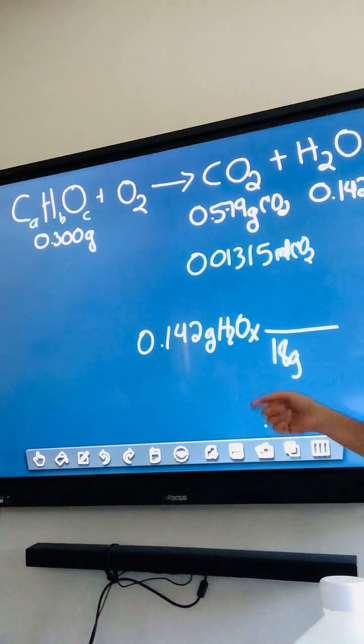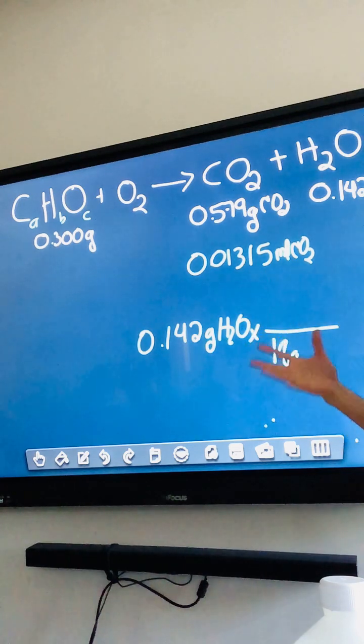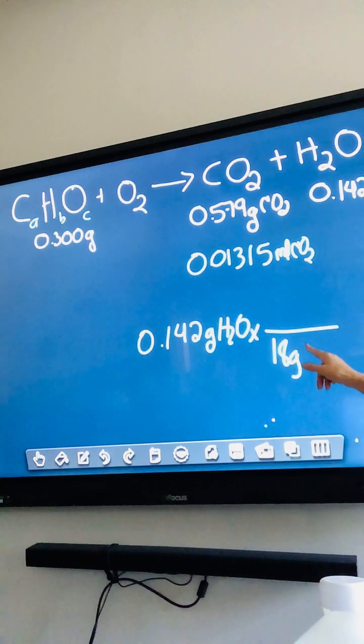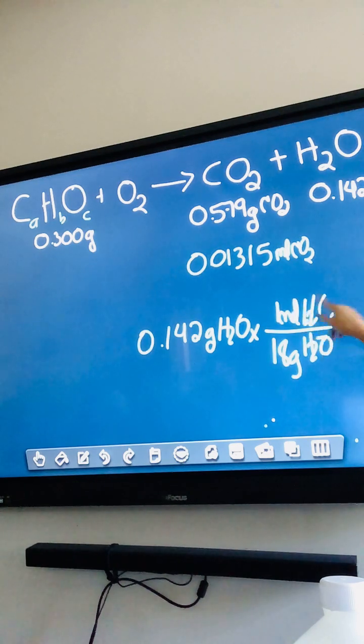You're doing hydrogen, which is 1 point whatever, but it's not hydrogen. We're looking for hydrogen, but first we need to go to the moles of water. So what is the amount of moles of water, Hannah?